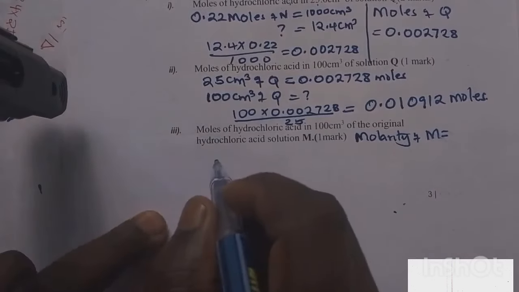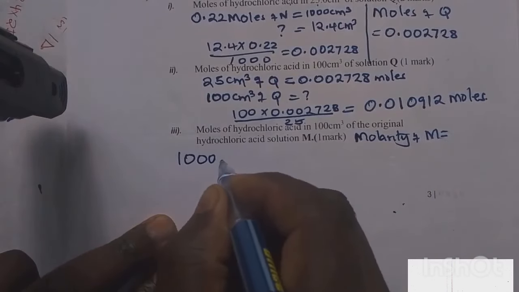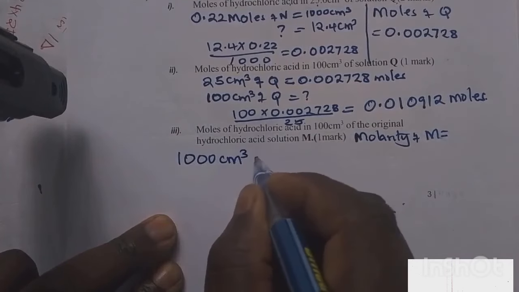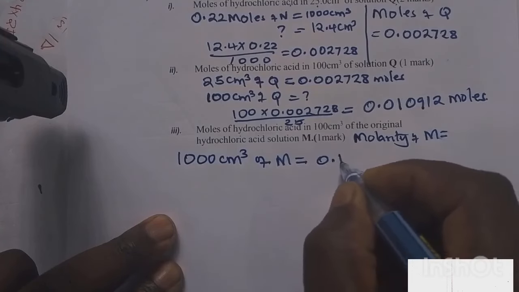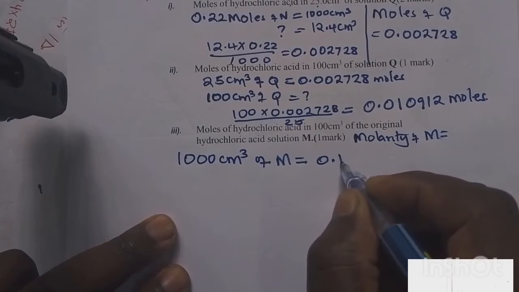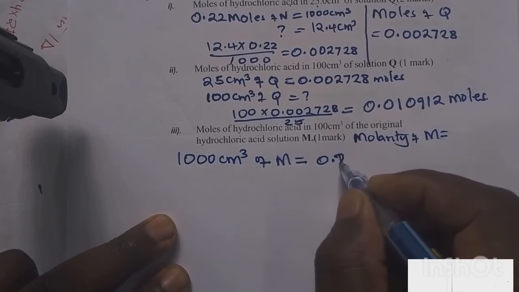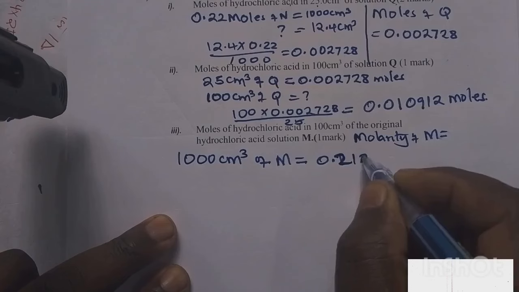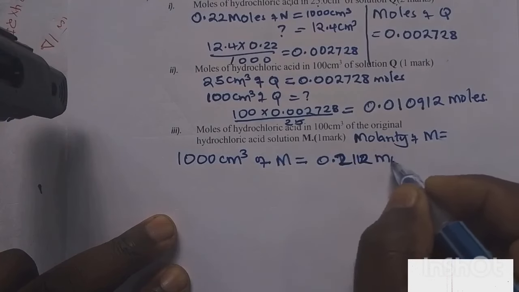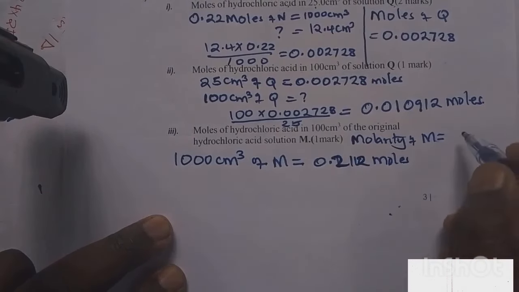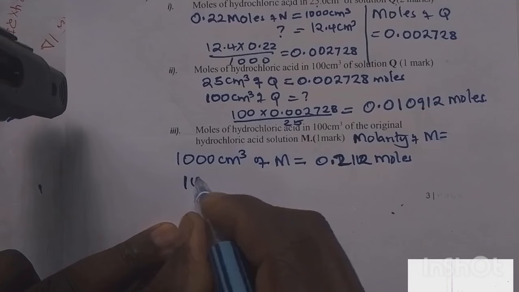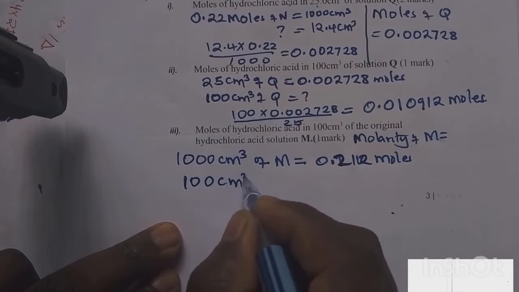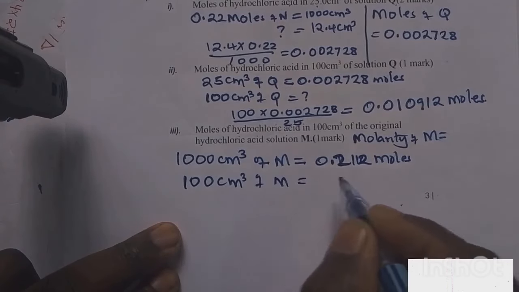So 1000 centimeters cube of M contains 0.2112 moles. As we have seen previously, we will ask 100 centimeters cube of M original will contain how much?